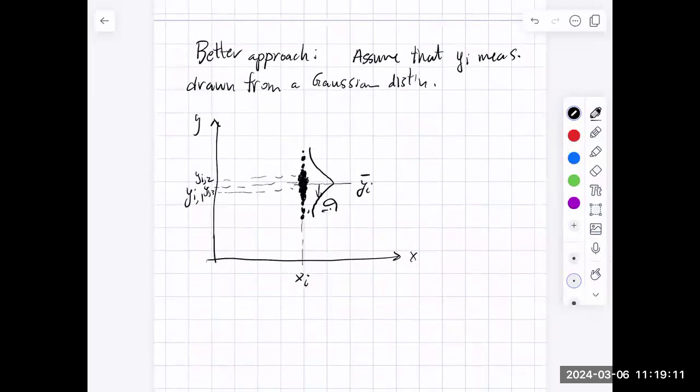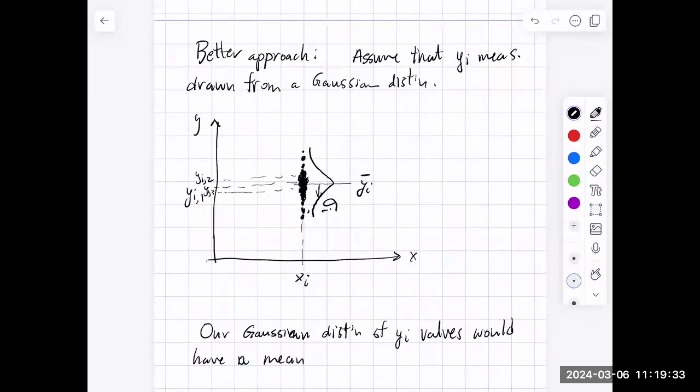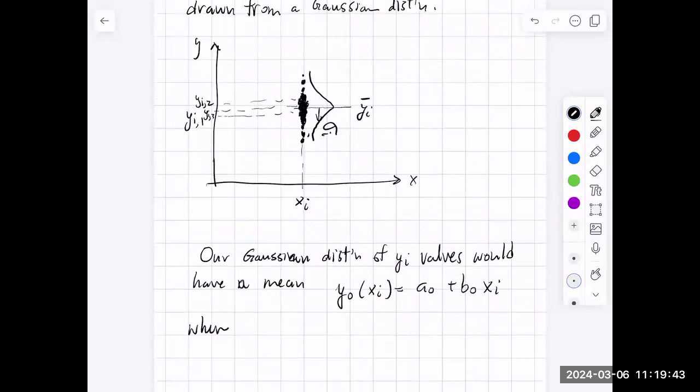So our Gaussian distribution of yi values would have a mean of, say, y0 at xi, which is going to be some a0 plus b0 xi, where a0 and b0 are the true parameters that describe our line.